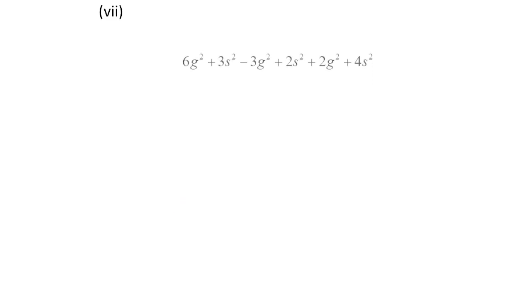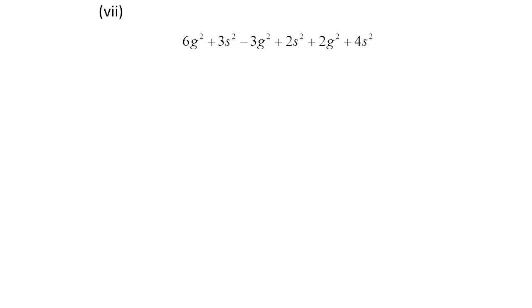Example number 7. We have 6g to the power of 2 plus 3s to the power of 2 minus 3g to the power of 2 plus 2s to the power of 2 plus 2g to the power of 2 plus 4s to the power of 2. Again, you bring forward the g's first before you list the s's after.